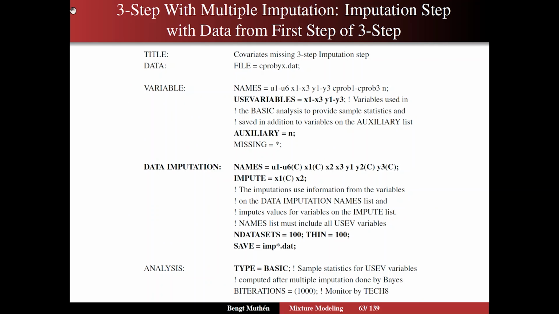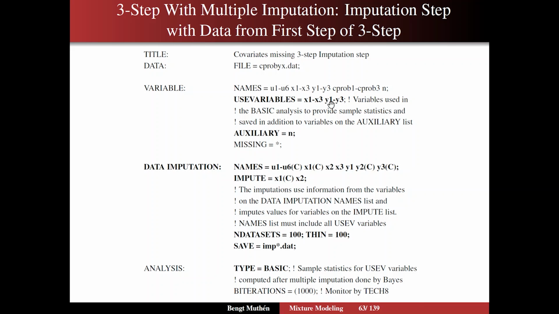So what does 3-step with multiple imputation look like? We're considering the imputation step with data from the first step of 3-step. So the data set is cprob.dat from the first step, and with that names list. And the USEVARIABLES that we have here are the x's and the y's.